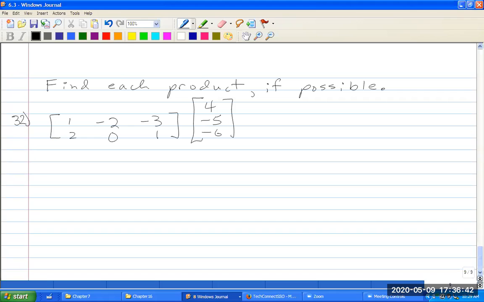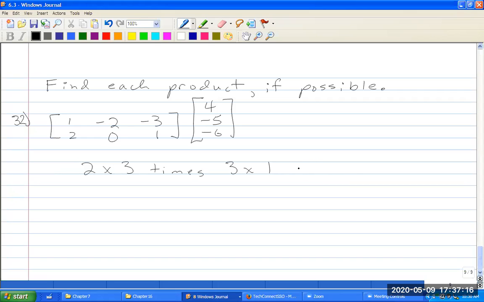Find each product if possible. Problem 32. Notice the number of columns of the first matrix is the same as the number of rows of the second. So good. After I multiply this together, I have a 2x3 matrix times a 3x1 matrix.